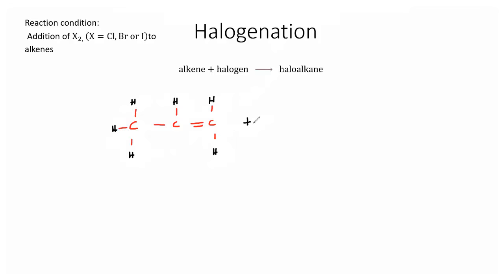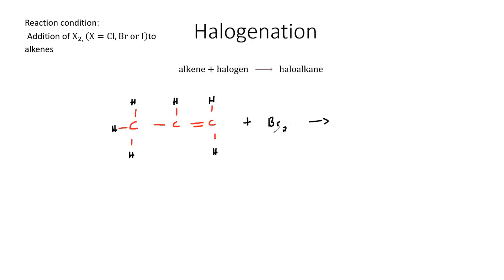I'm going to add a halogen. Halogens are diatomic. Diatomic means that it's Cl2, two atoms in chlorine, Cl2, Br2, I2. Let's add bromine as an example, Br2, like that. Now, I need you to understand something here.